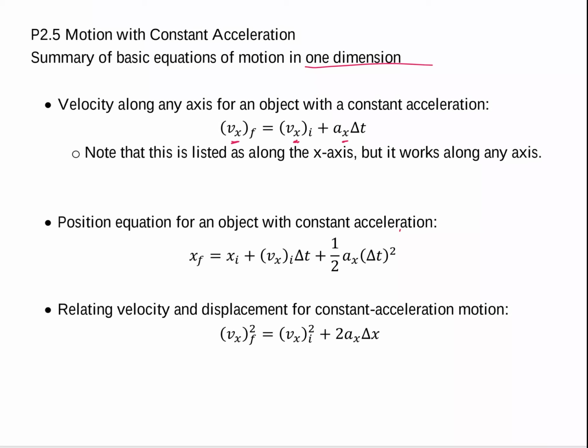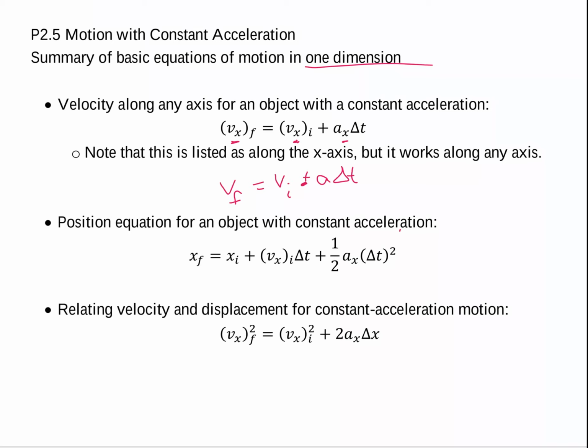So for right now, because of that, we can simplify this to just v sub f equals v sub i plus a delta t. If we're just in one dimension, then we don't care so much about the x subscript because we know we're just in one dimension anyway, so it doesn't really matter.